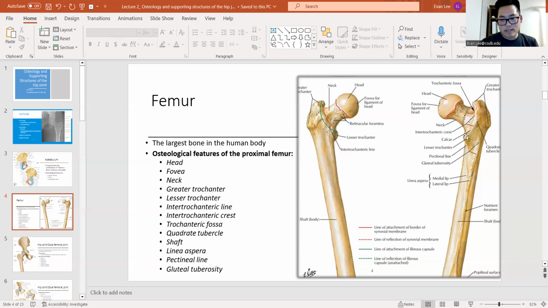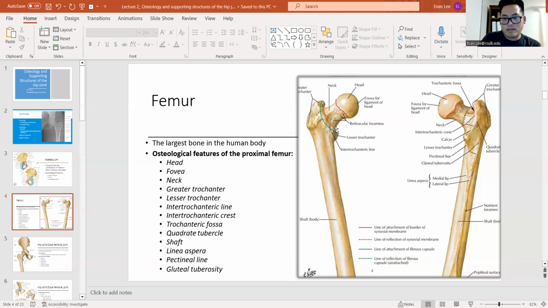Now, relative to these trochanters, there are a couple of different landmarks. On the front of the femur, looking closely, here is your greater trochanter and then lesser trochanter. You can see a little bit of the lesser trochanter, even though this is the anterior side.